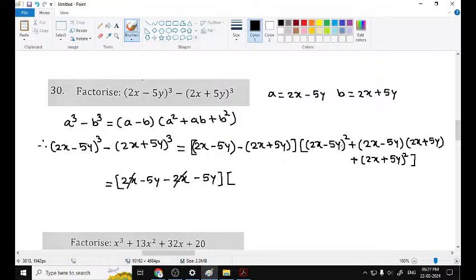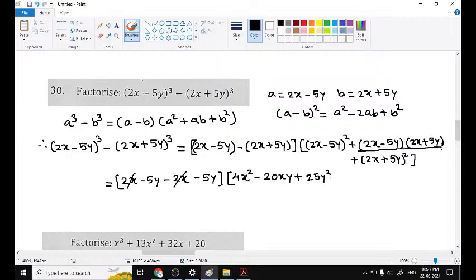The next simplification is the square of this term, by using the identity a minus b whole square is a square minus 2ab plus b square, so it is 4x square minus 20xy, plus 5y whole square is 25y square.